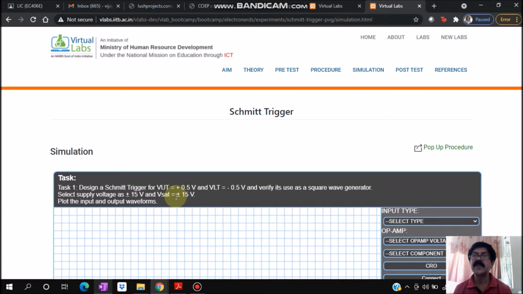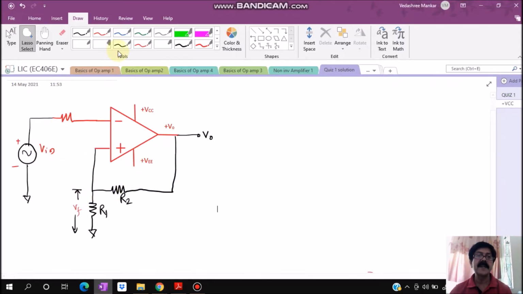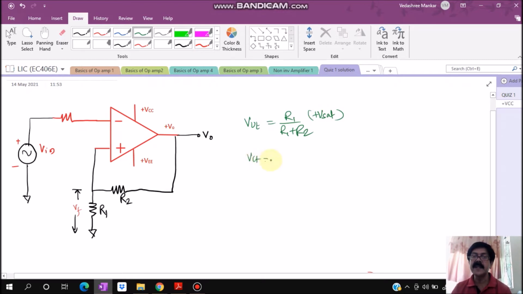Okay. So let's say if this is the Schmitt trigger, and as we know our VUT, upper trigger point, can be given as R1 upon R1 plus R2 into plus Vsat. Similarly, VLT is given as R1 upon R1 plus R2 into minus Vsat.